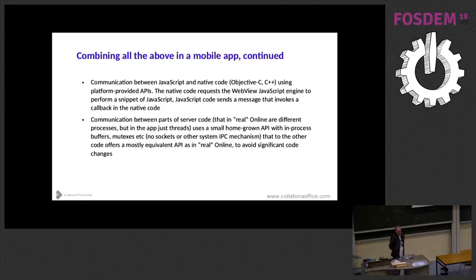When the native code needs to send something to the JavaScript parts, it asks the WebView to execute one line of JavaScript code, typically. That then invokes a function, and from there on, it continues as if it had received it in a WebSocket message.